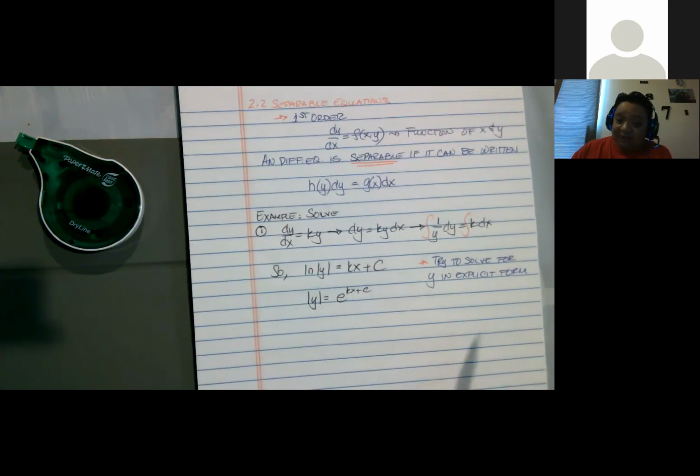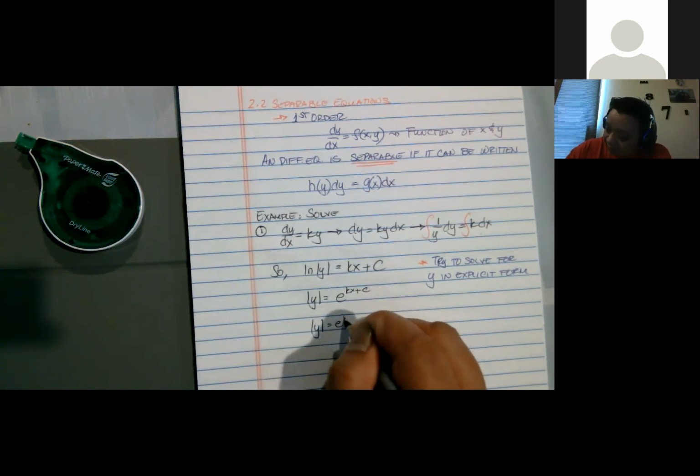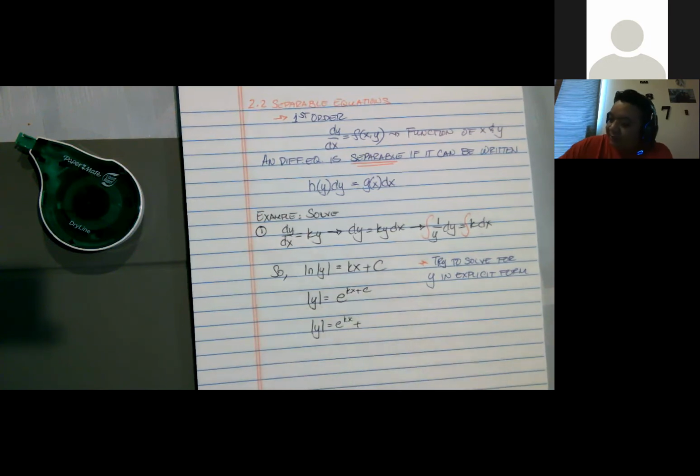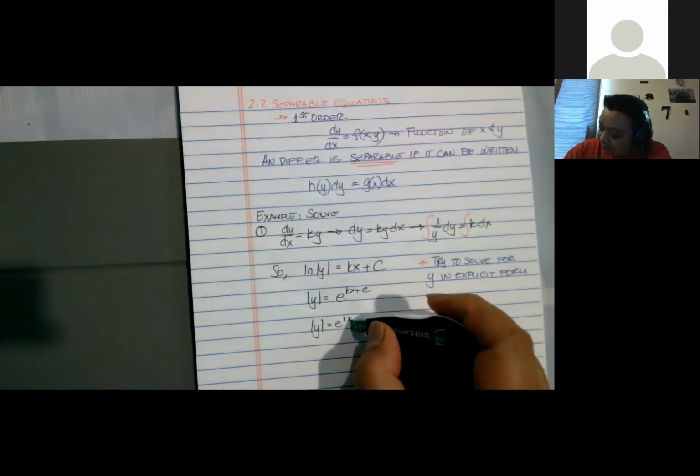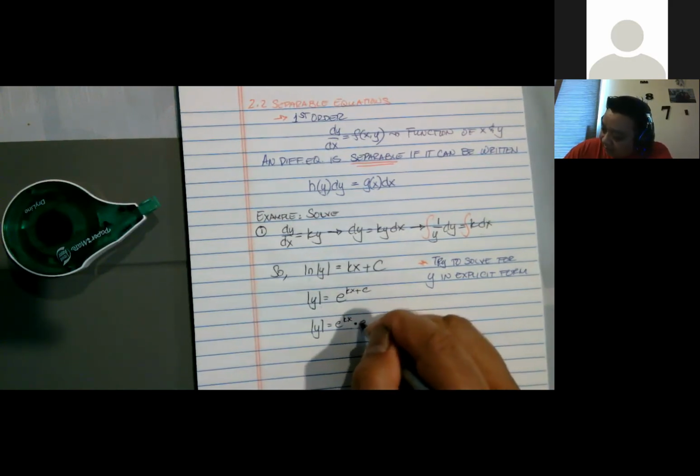And so first, kx plus c as an exponent means e to the kx times e to the c power.